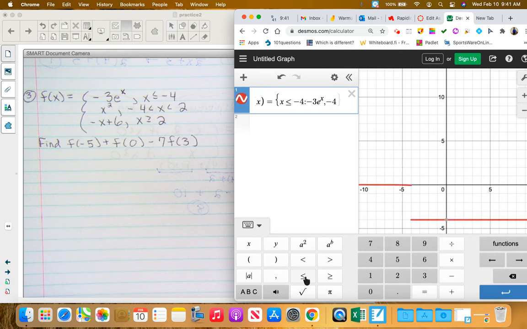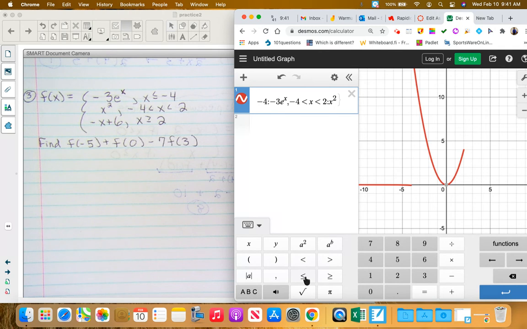Negative 4 is less than x, which is less than 2, followed by a colon. And then we're going to put in x squared. Right, so notice only that section of the parabola popped up. So the e part we'll get to a little later in the semester. That's continuous exponential growth. This x squared is a parabola.